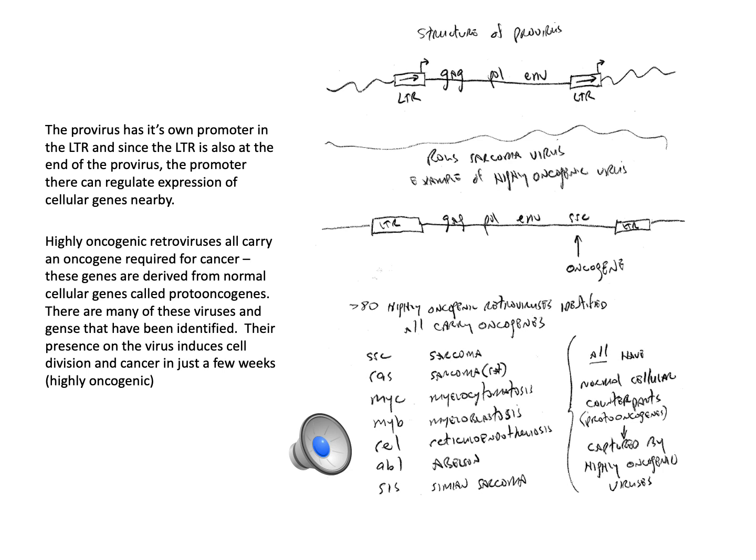So transcription will copy and make RNA through this provirus. Now notice that there's also one on the right-hand side. So there's a promoter and a start site, but that start site is going into genomic DNA. And that's going to be important a little bit later, because this virus can activate neighboring genes.